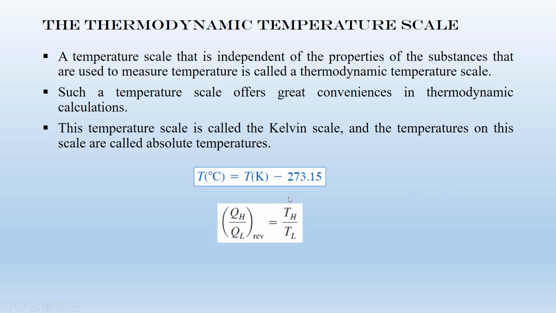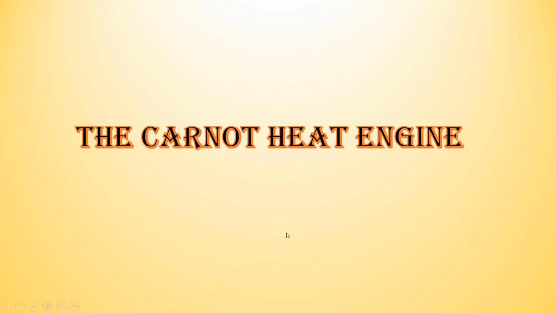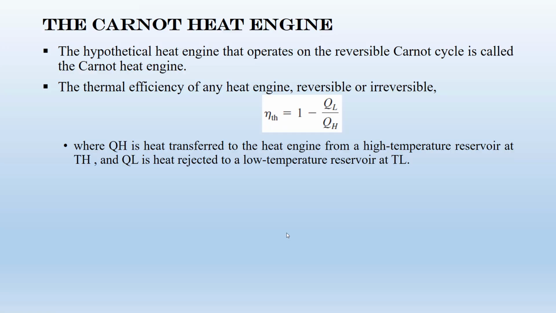Keep in your mind that the temperature here must be absolute temperature, either Rankine or Kelvin. Now, the Carnot heat engine. Okay, so look guys, to calculate the thermal efficiency of heat engines, either reversible one or irreversible one, you can use this equation. We already discussed it. So this equation is valid for both reversible and irreversible heat engines.